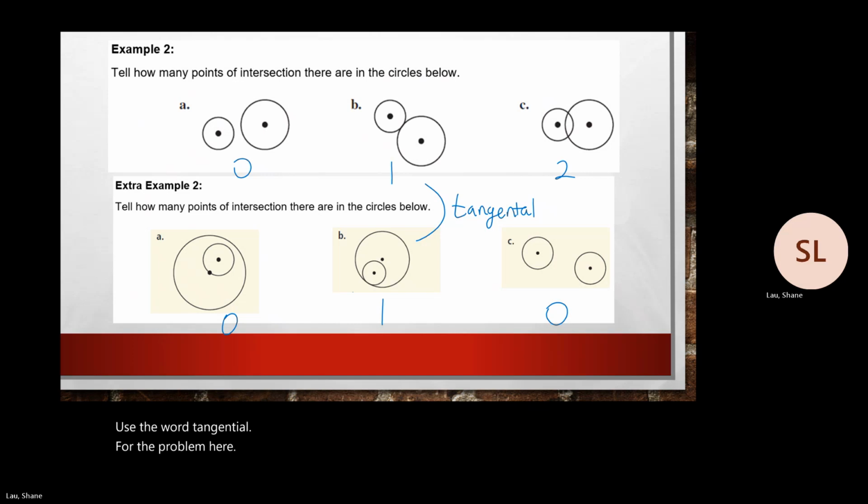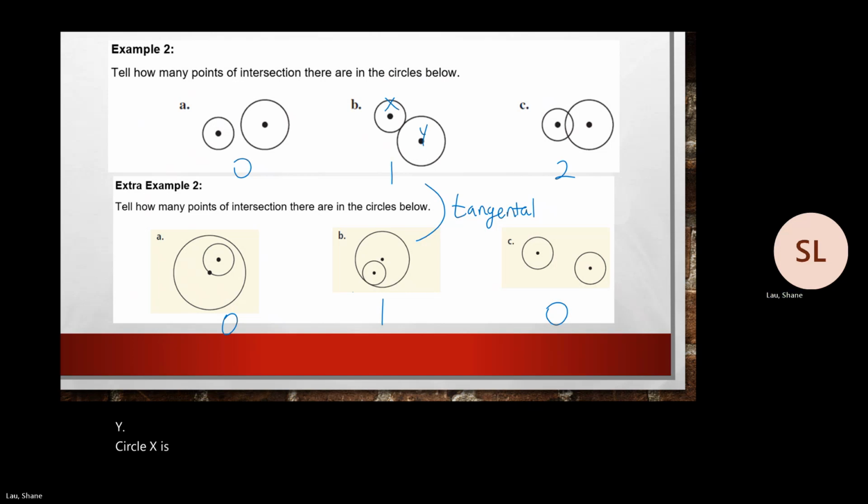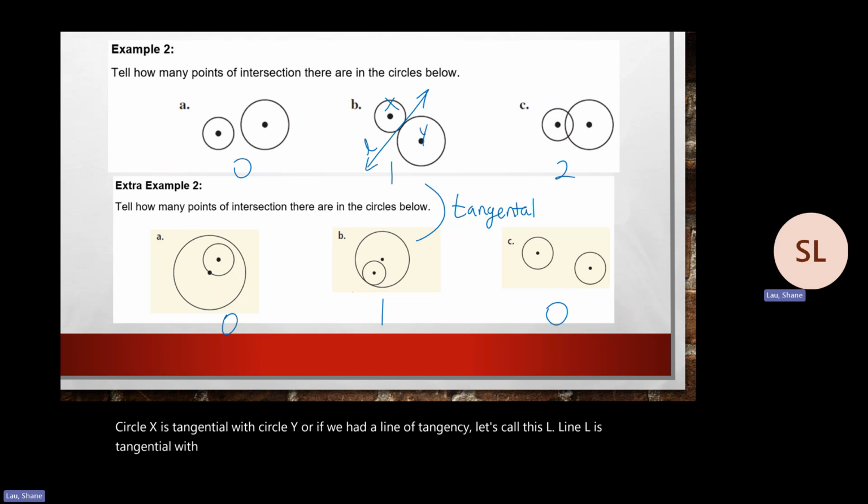So the way you would write it or say it in a sentence is, let's say that this was circle X and circle Y. Circle X is tangential with circle Y. Or if we had a line of tangency, let's call this L. Line L is tangential with circle X and circle Y. Okay, it's just easier to say it like that. It'll work for both ways.